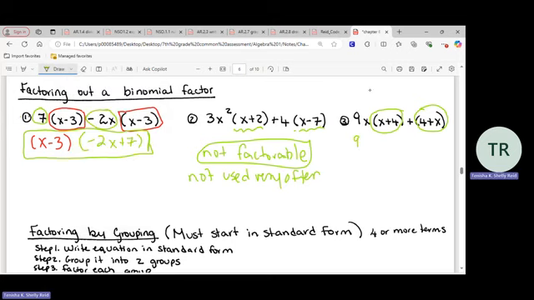Because this is 9x(x + 4), plus, if I rearrange that within the parentheses, 4 plus x is the same as x plus 4. And now they look like they match. But all I did was rearrange what's in the parentheses.